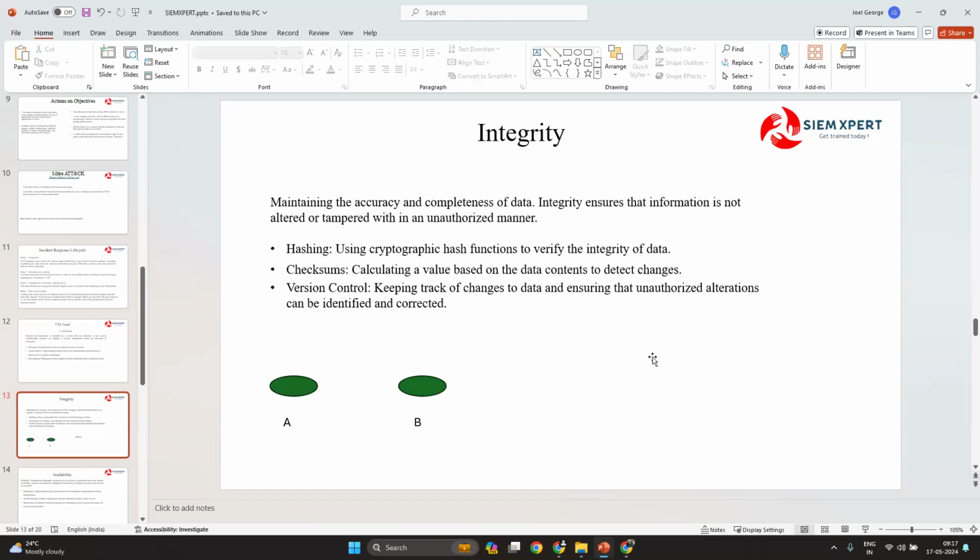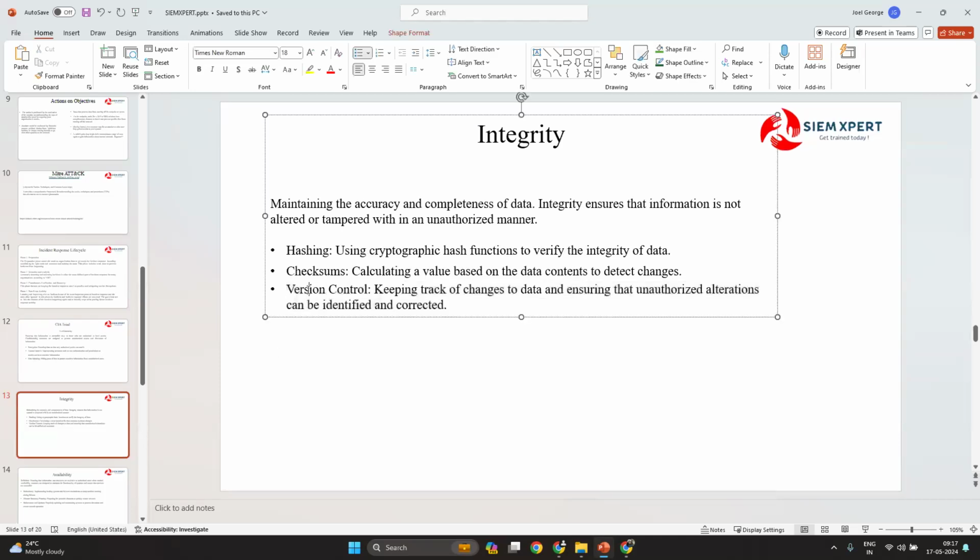Now, the other way to maintain integrity is version control. That is, you track changes which have been made. How do you do version control? There's something called a file integrity monitor, or FIM. This tracks changes in a file directory.